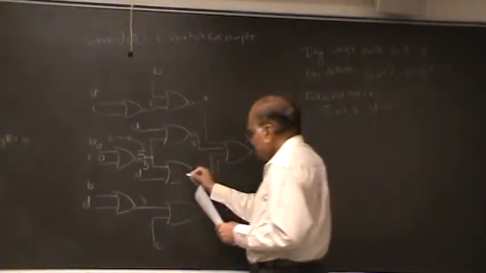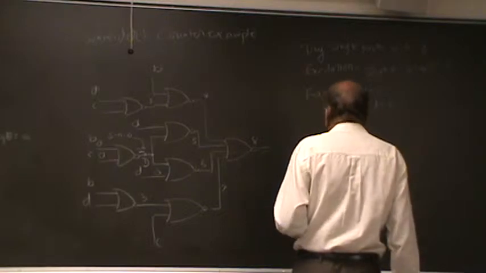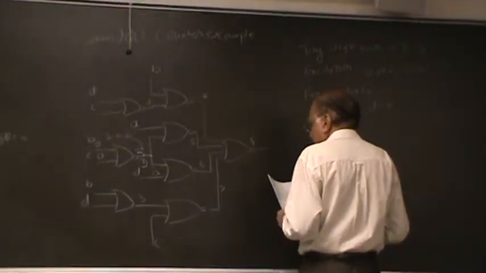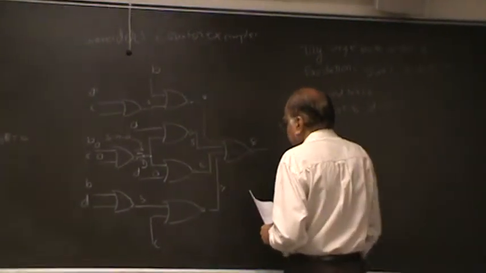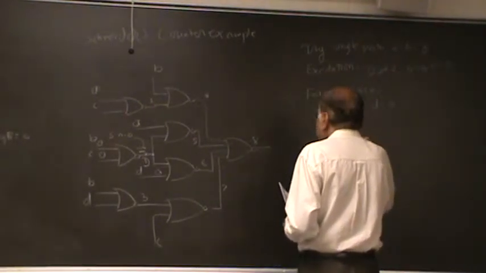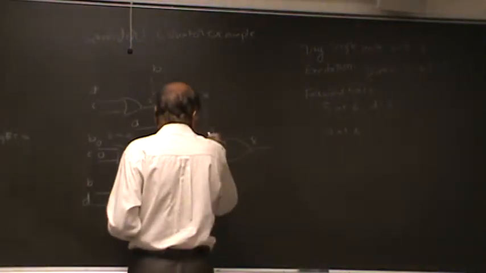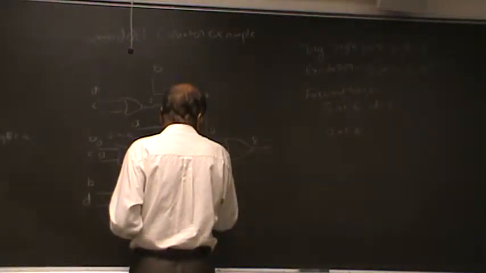So we got this as 0. And then let's propagate it through here. So we want to get a D at 8, and that is going to require a 0 and a 0 here.